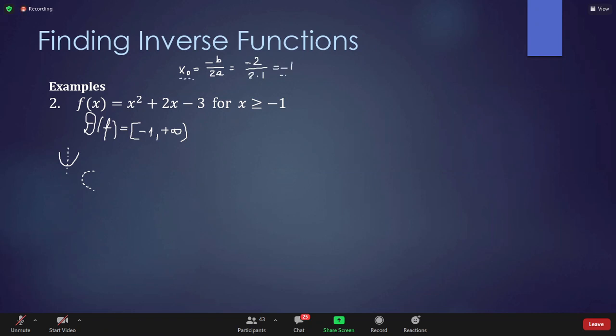So I am simply cutting off the left-hand side, and I will use only this right-hand side of the domain so that we get one-to-one, to make it one-to-one. So this makes it one-to-one. And now we can deal with the range, with everything.